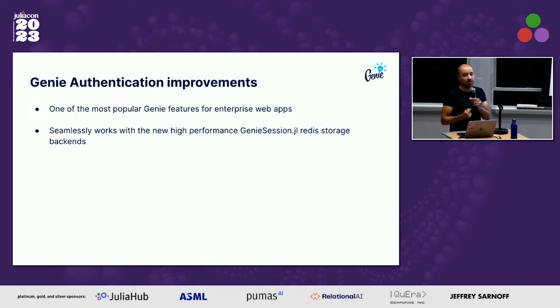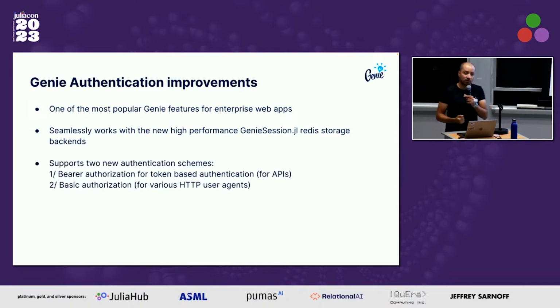Since Genie authentication uses this GenieSession package, it also benefits from these storage performance improvements. In addition, we have added support for two new authentication schemes, namely bearer authorization for token-based authorization, which is used in APIs, and also basic authorization, which can be used in various HTTP agents.